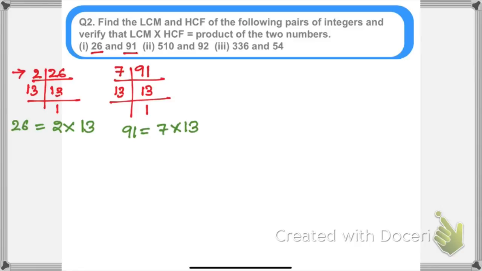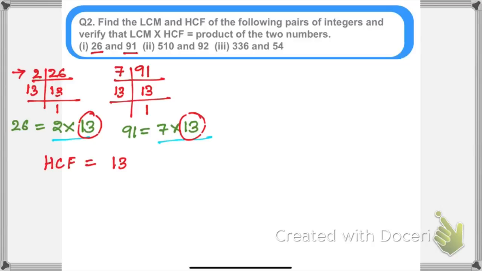Okay. So in these two numbers, in these prime factors, what is common? So the HCF, the highest common factor, is 13.